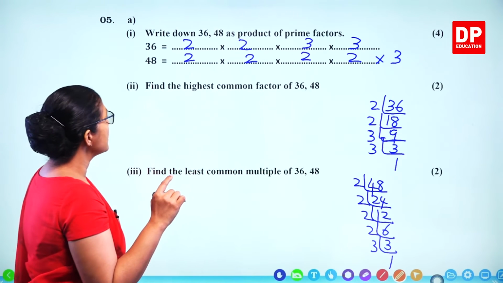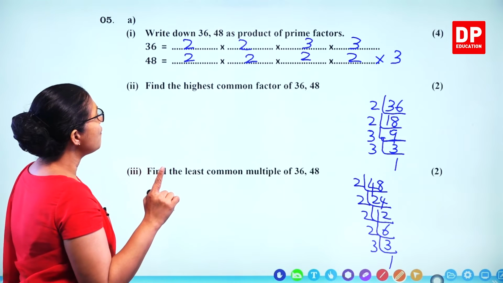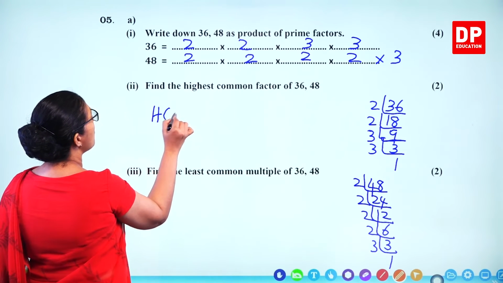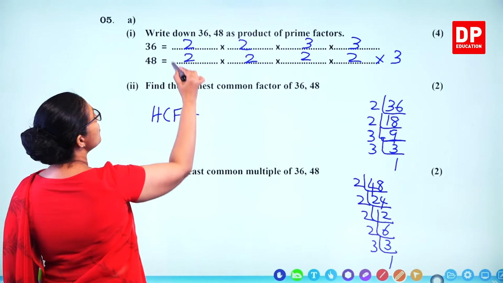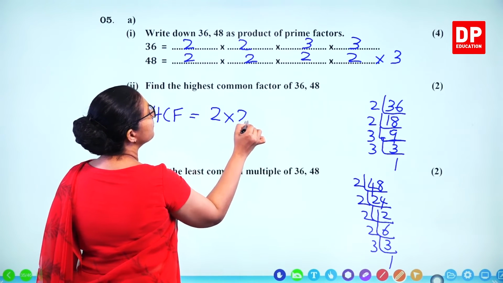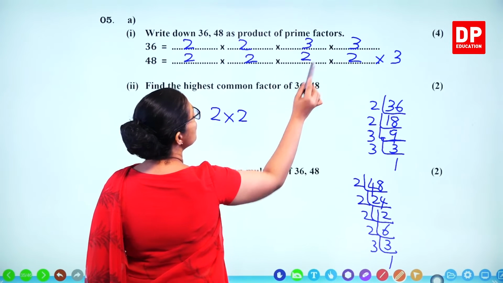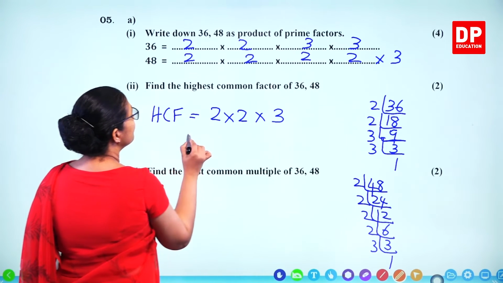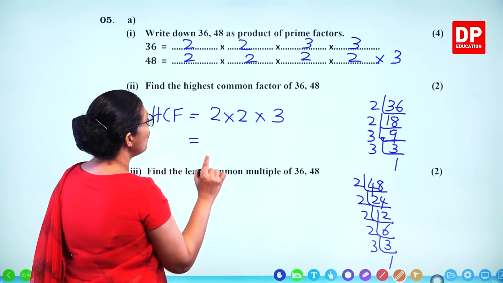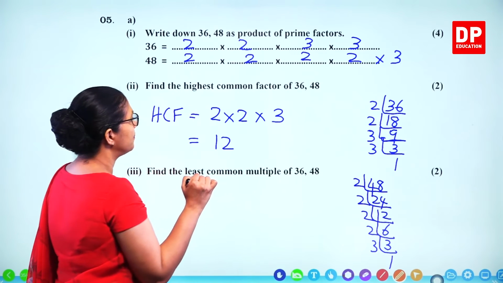That's 48. Find the highest common factor of 36 and 48. Highest common factor. 2 is common. You can take 2. This 2 is also common. But 1 three is common, not another 2. So 2 times 2, 4. 4 times 3, 12.